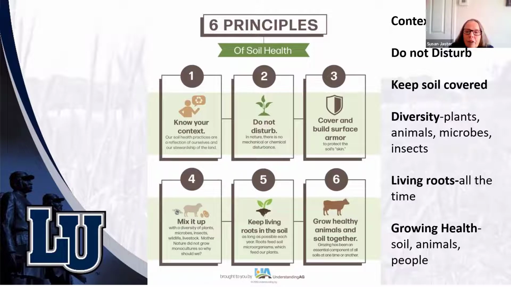So if we don't have tall enough plant cover on the soil, it's going to cause a lot of high temperatures, which kills the good bacteria and fungi in the soil, as well as the bad, but it kills the good ones too.